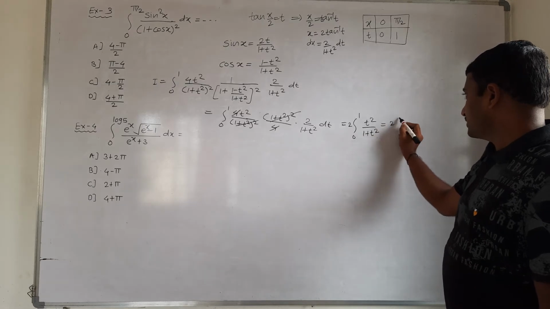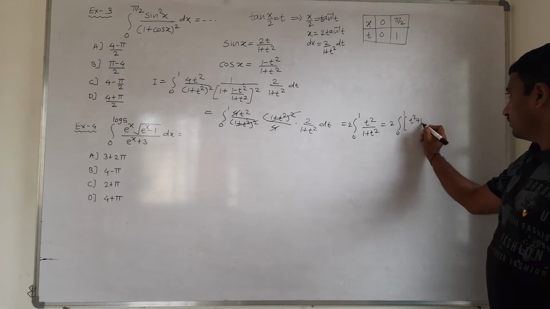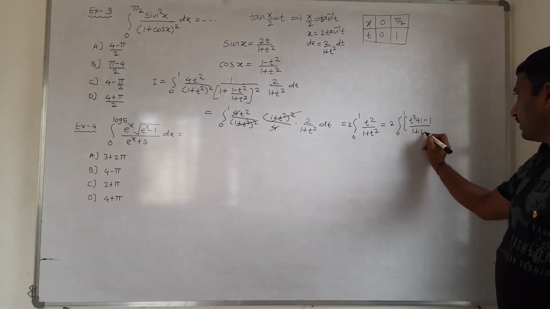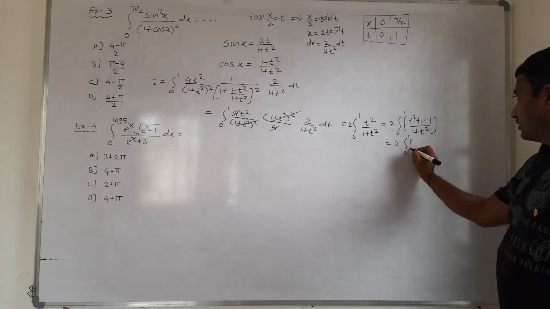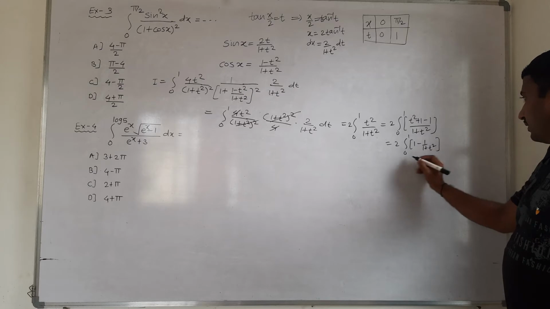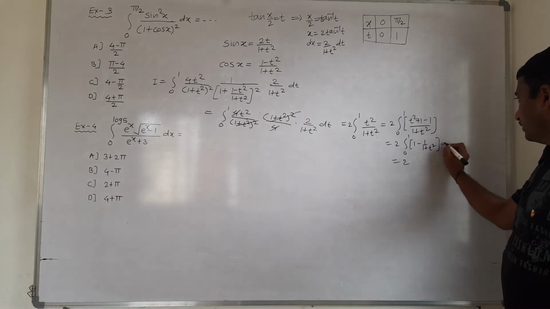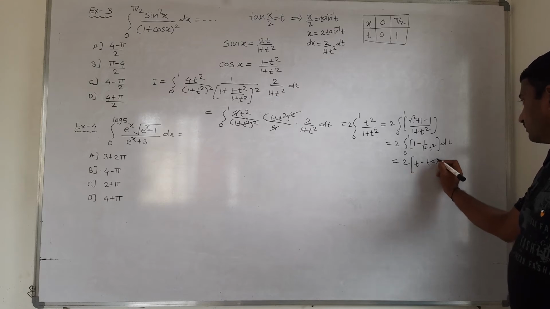I write 2 inside the bracket, adjusting: t square plus 1 minus 1 upon 1 plus t square. Now this is 2 into, separating the denominator, 1 minus 1 upon 1 plus t square. Integration of this with respect to t is t minus tan inverse t.